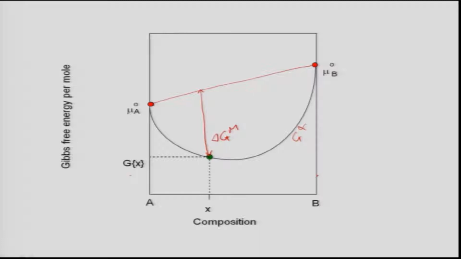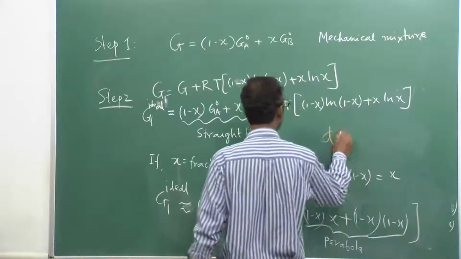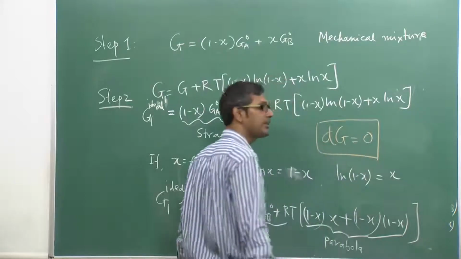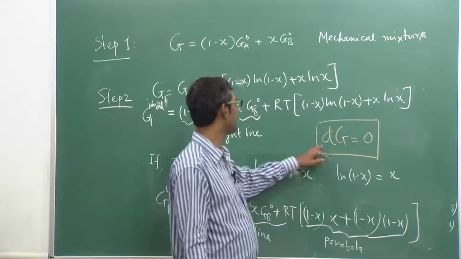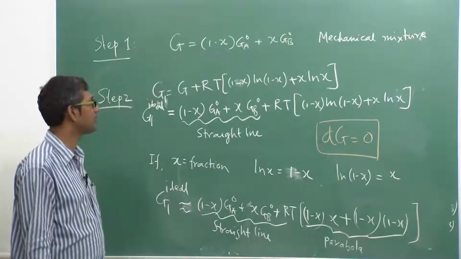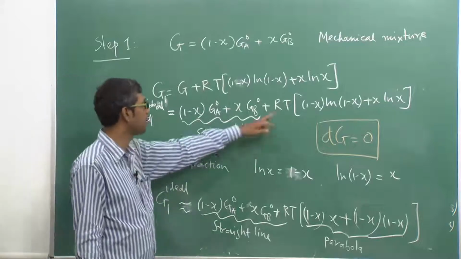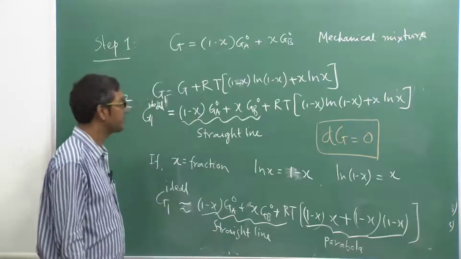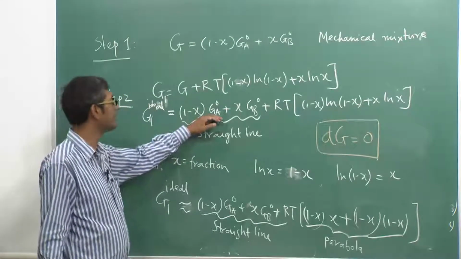So our basic equilibrium condition, what is it? I have already told you, the equilibrium condition is always given by dG equal to 0. That is your minimum free energy condition. The differential of G must be equal to 0. Now, if I differentiate G in terms of temperature and x, because there are two variables, and if you look carefully, even if I do not assume pressure to be constant, there will be 3 variables.